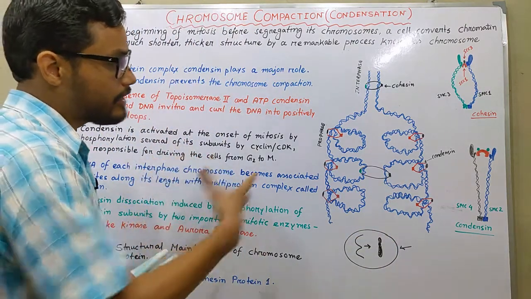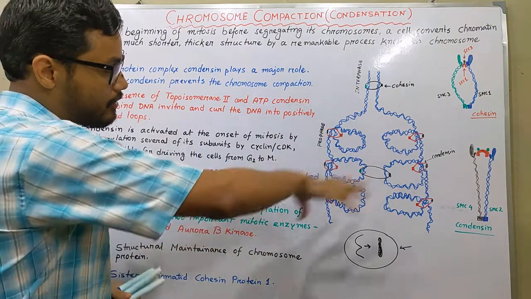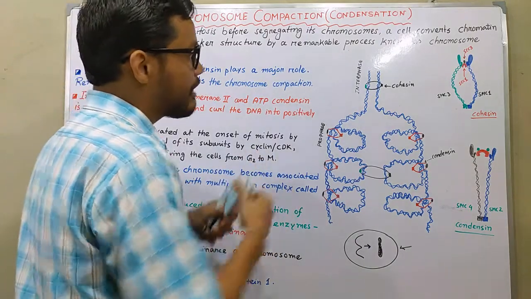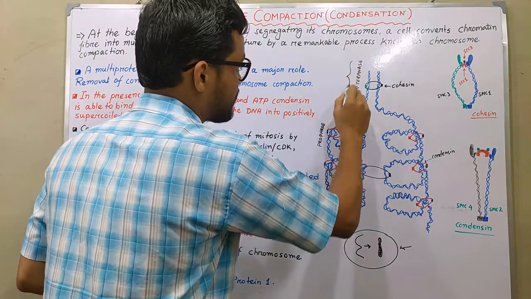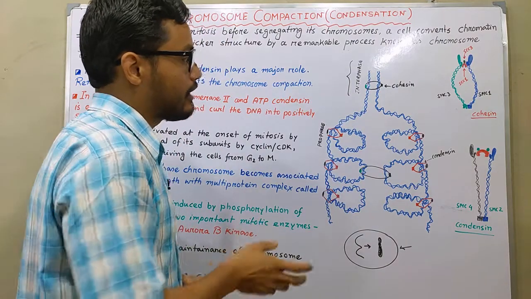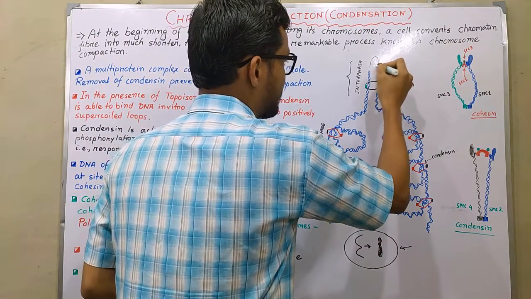Here condensins play a crucial role in the compaction of chromosomes. In interphase, when a cell replicates its own DNA and produces sister chromatids, these two are sister chromatids here.